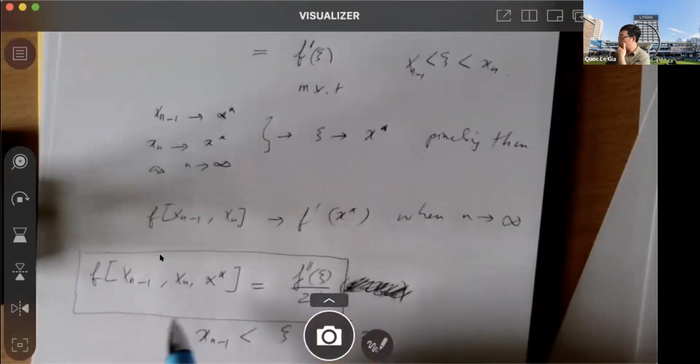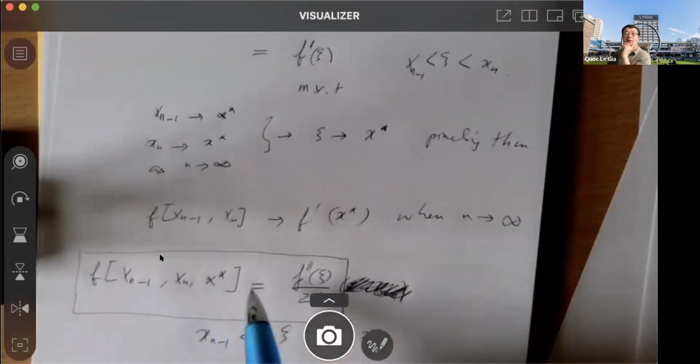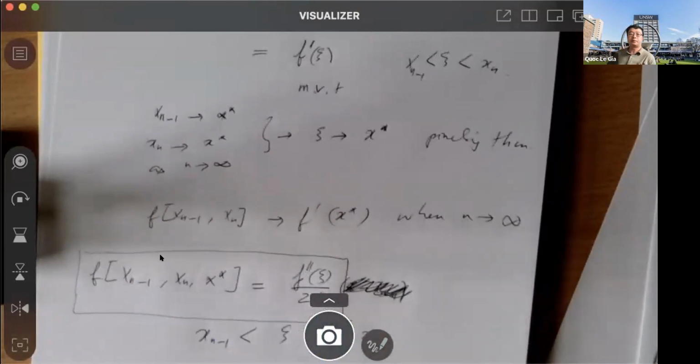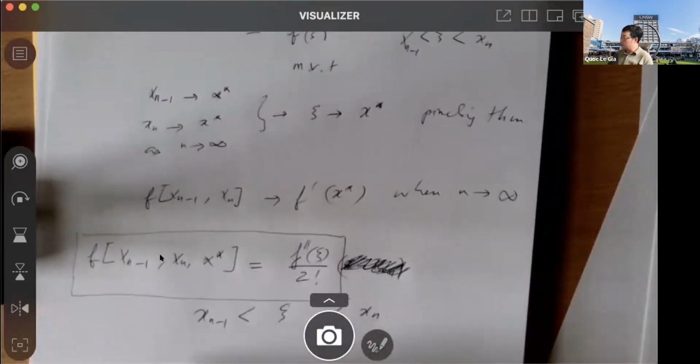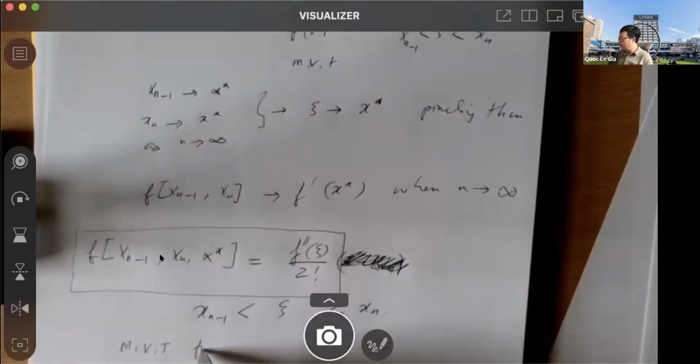So what theorem gives me the divided difference over 3 points? Just f double prime of xi over 2 factorial. So now if you go back to the previous lectures, there's a mean value theorem for divided difference.